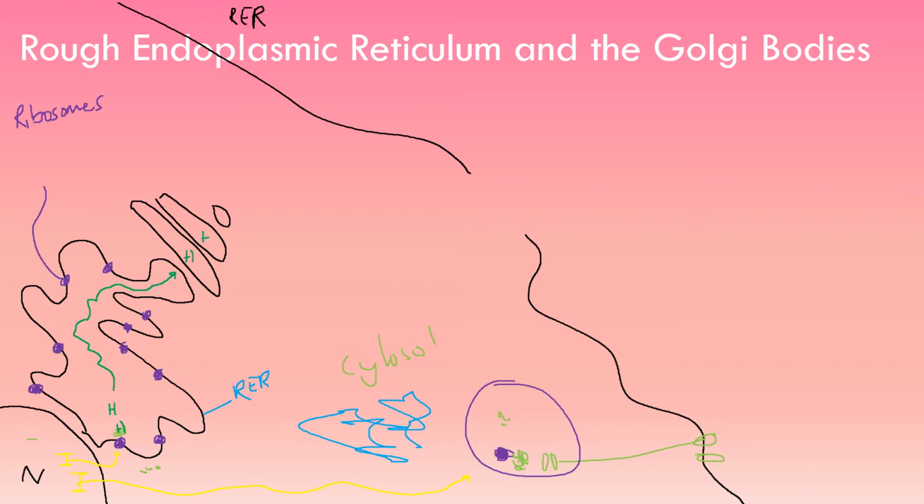Now the Golgi bodies, exactly the same, are made of phospholipids. They're made of the same stuff as the cell membrane. So what happens is this hormone pushes out of the membrane, into its own vesicle.